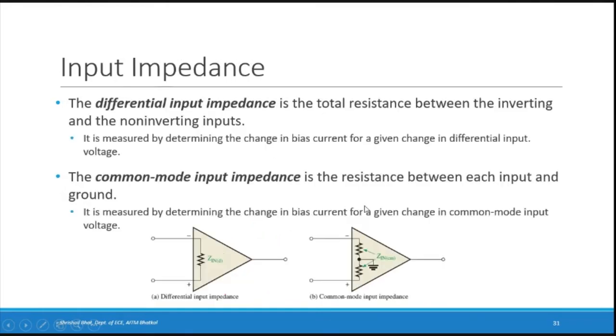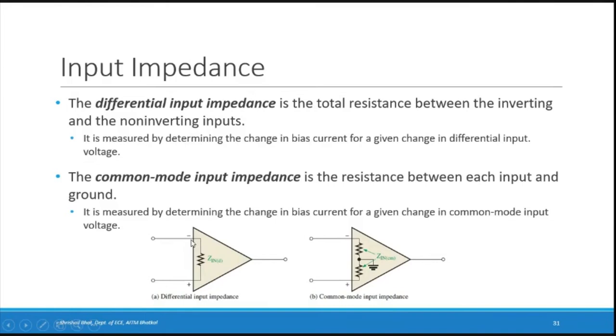Next you have impedance. Since we have seen there are two modes of operation, differential mode and common mode, there are two ways of measuring the impedance. In differential mode, we call it differential input impedance. That's the total resistance between the inverting and non-inverting inputs.